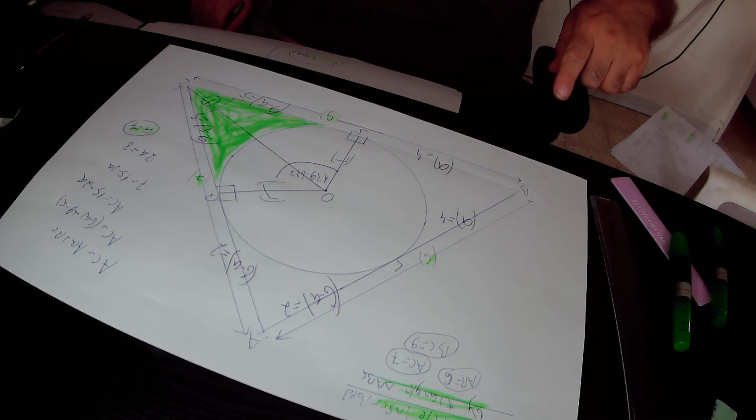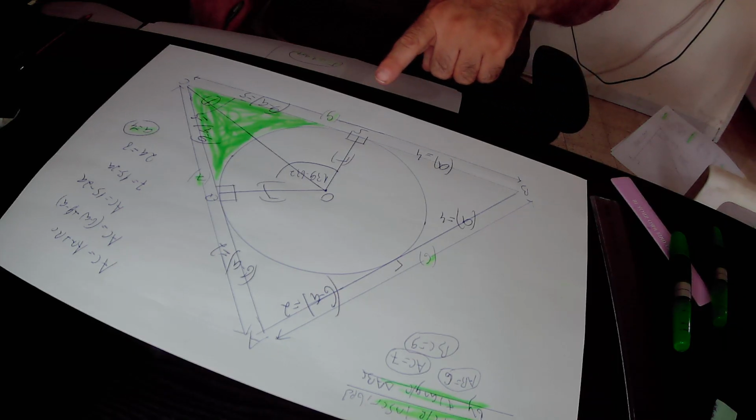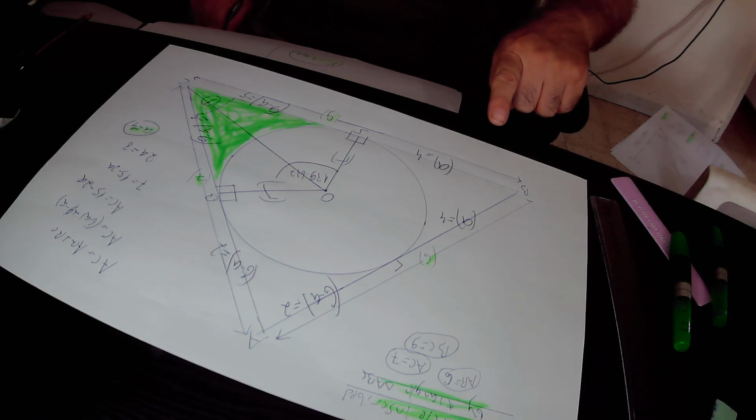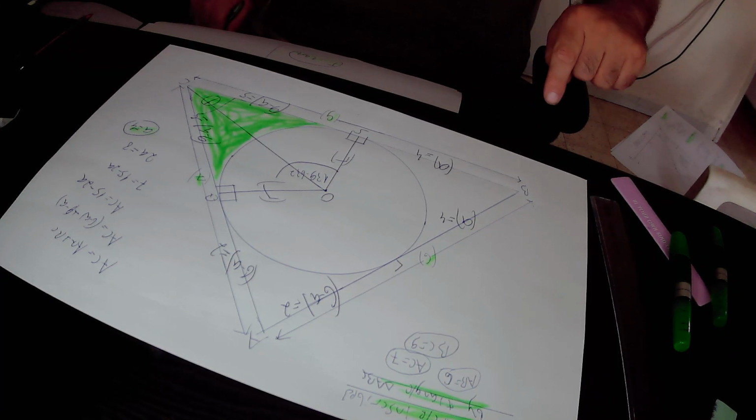According to rule 2, they are equal to each other. That is to say, BS equals BL. We define BS as A. Therefore BL must also be equal to A because they are equal to each other according to rule 2.